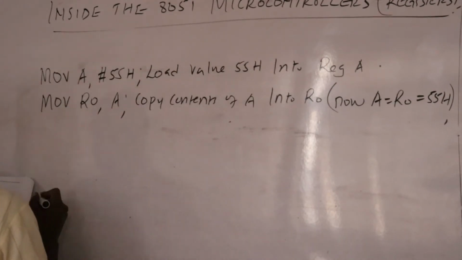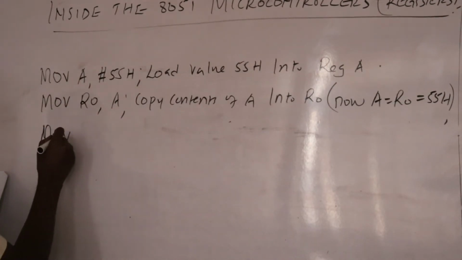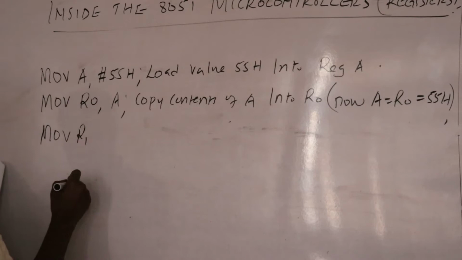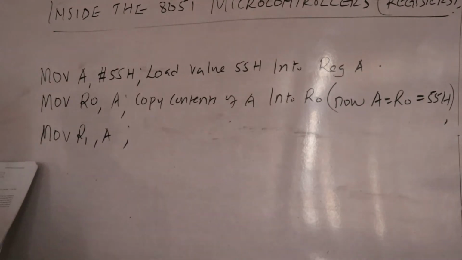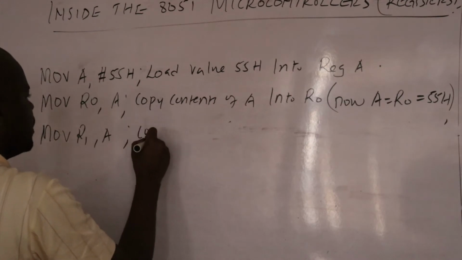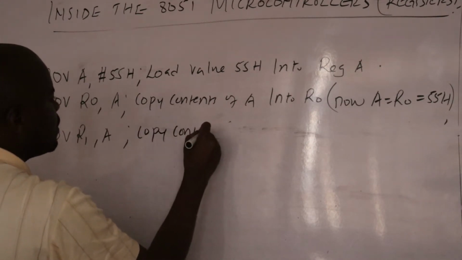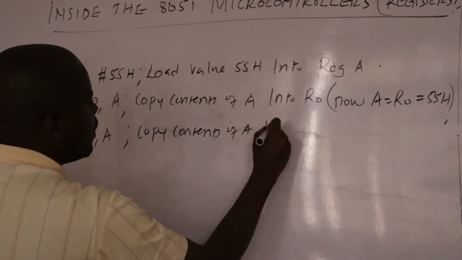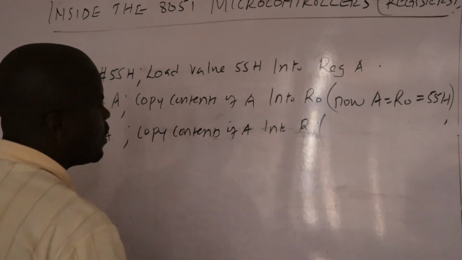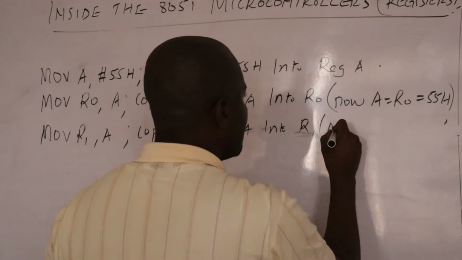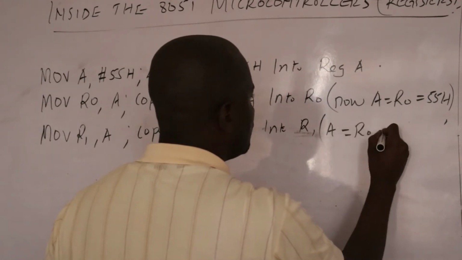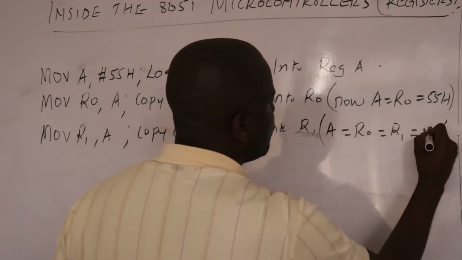The next instruction is MOV R1, A, which means you are copying the contents of A into R1. That means A equals R0 equals R1, which equals 55H.